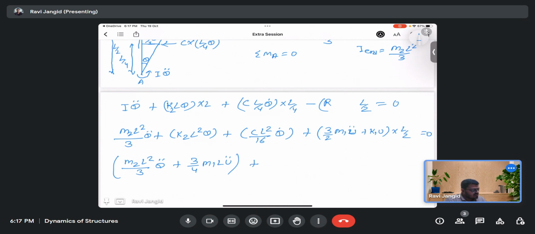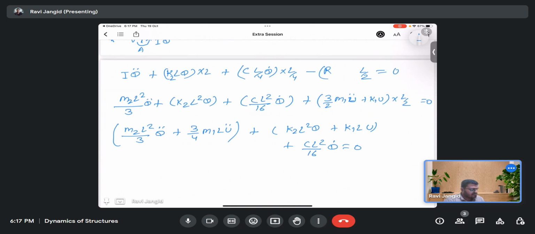Another, for the k values, is k2 l square theta plus k1 l times u. And another term is c l square by 16 theta dot is equal to 0.